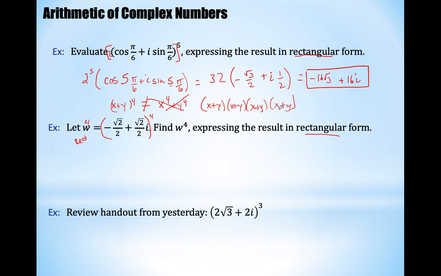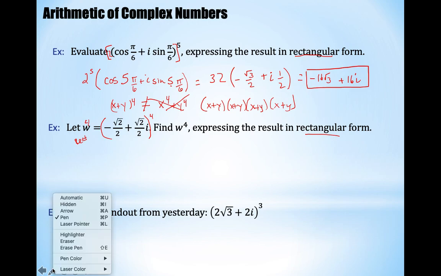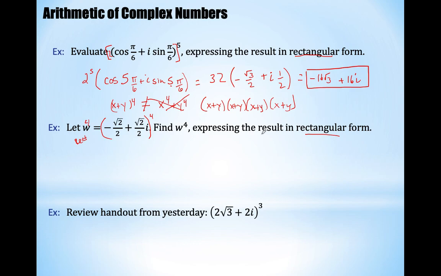But what if I decide to transform myself into polars because I recognize that raising polar values to powers is much simpler? I don't want to do this, right? So what if I decide to put this into polars? To put this into polars, I need the radius, which is the square root of 2 over 2 squared times the square root of 2 over 2, I'm sorry, squared.